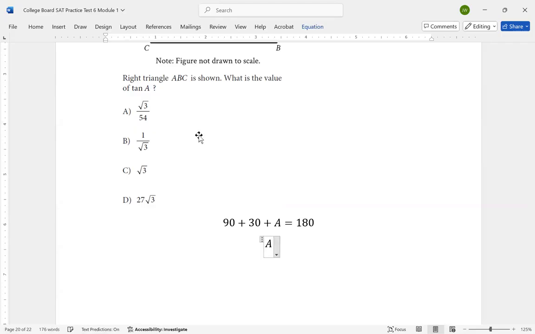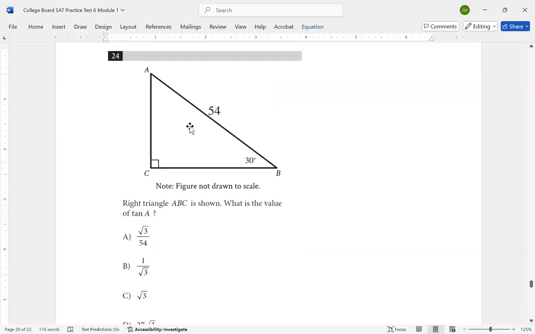So that means A has to be 60 degrees. So we're getting a 30-60-90 right triangle with hypotenuse of 54.